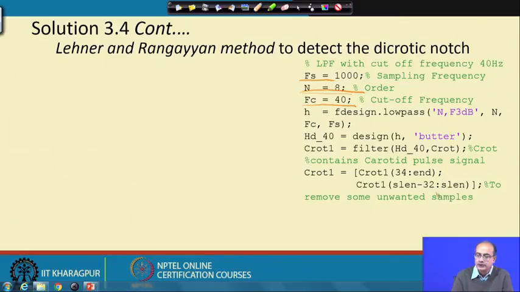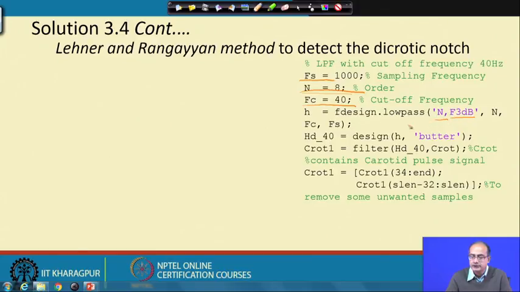It is a low pass filter with cutoff frequency 40, and we design that filter using the 3 dB bandwidth and the model order of the Butterworth filter.